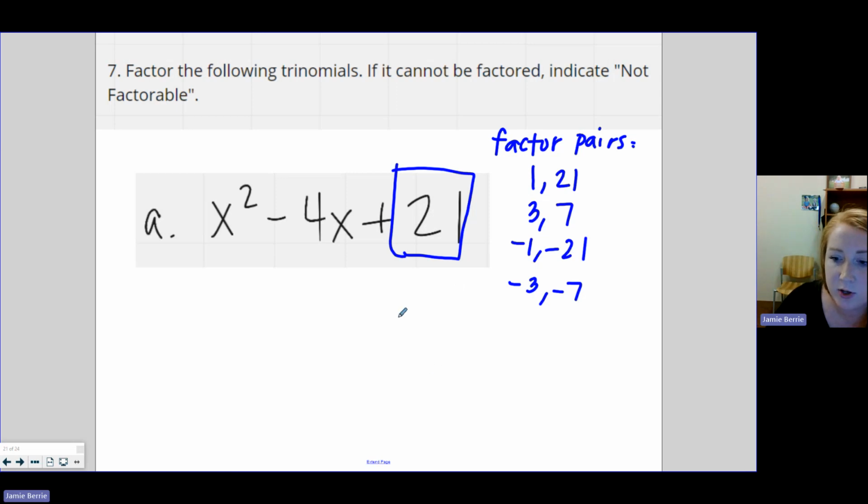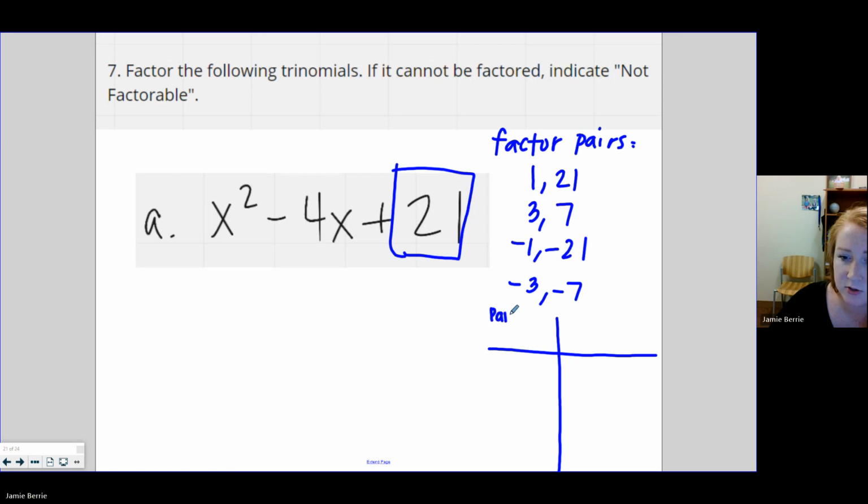All right, so now we are going to make this little table. Now, you might be able to do this in your head, in which case that's totally fine. But if you can't do it in your head, that's fine too. I'm going to show you how to do it by hand. I always make this little table, and in the left-hand column, I call this pairs of factors.